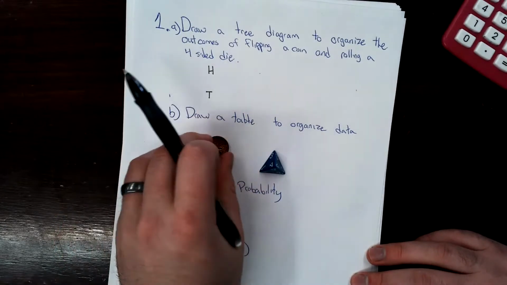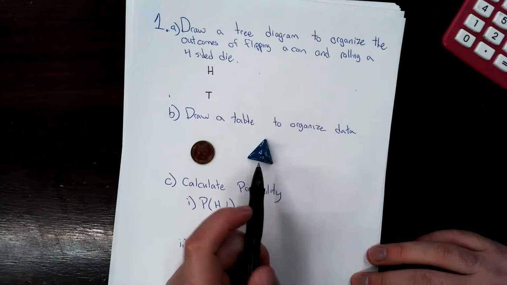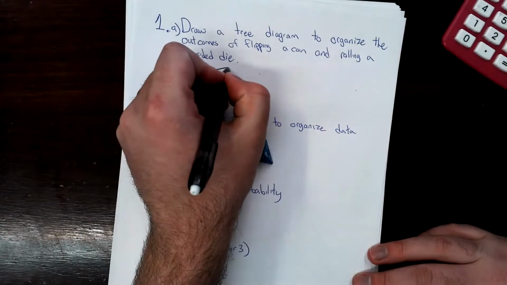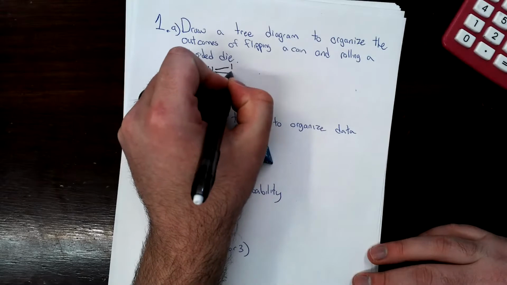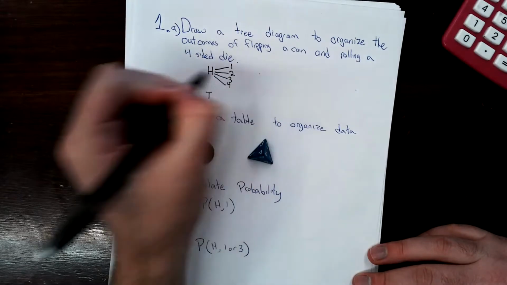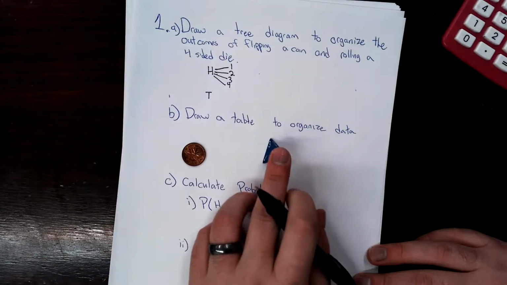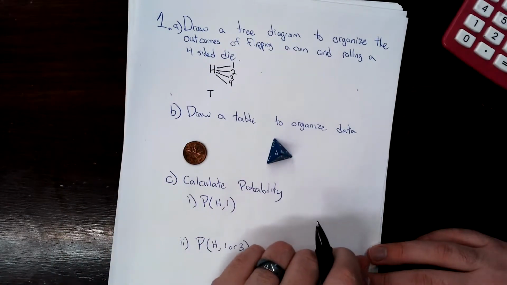So if I flipped a heads, what are the possibilities I could get on my die? Well, I could roll a heads and a 1, a heads and a 2, a heads and a 3, and a heads and a 4. But what if I flip a tails? Well, the same outcomes are possible on my dice.